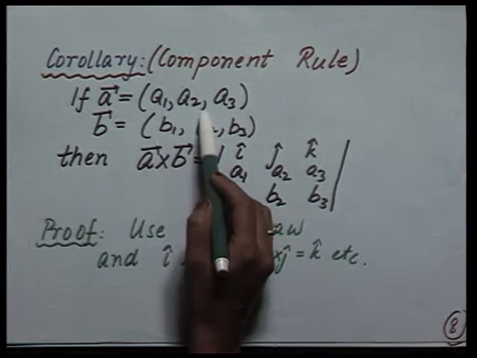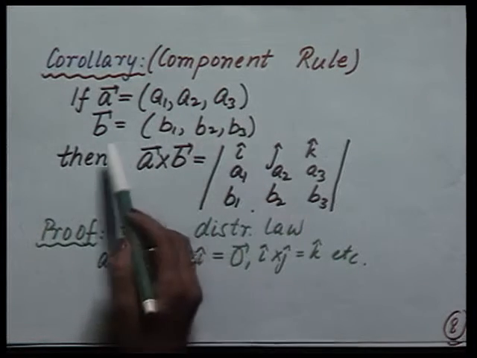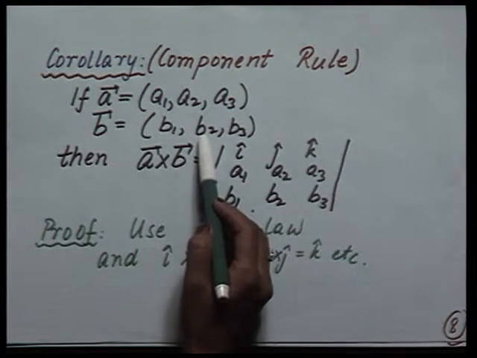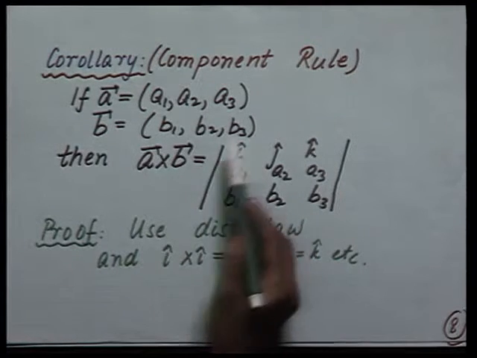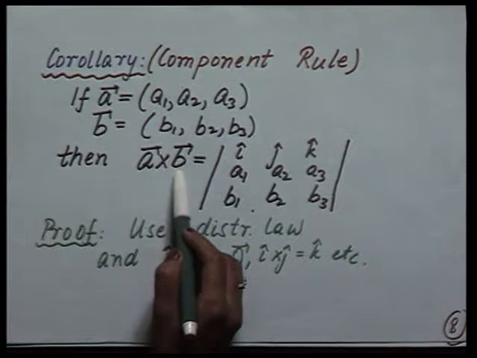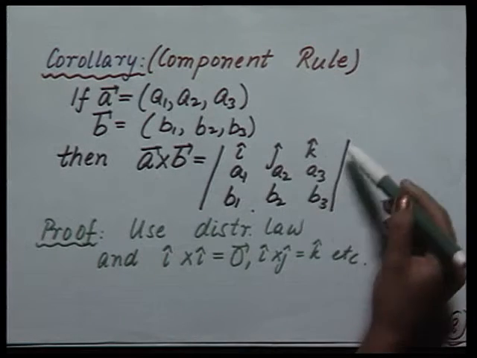And this gives us an extremely important rule for A cross B in terms of the components of the vectors A and B. Suppose A is A1 i plus A2 j plus A3 k and B is B1 i plus B2 j plus B3 k, then we can prove that A cross B is given by this determinant.